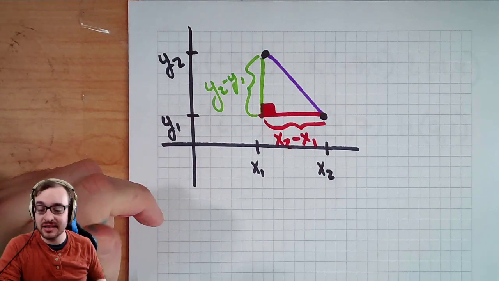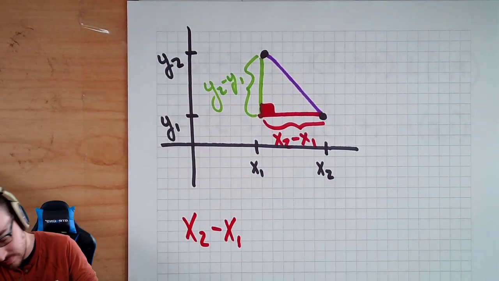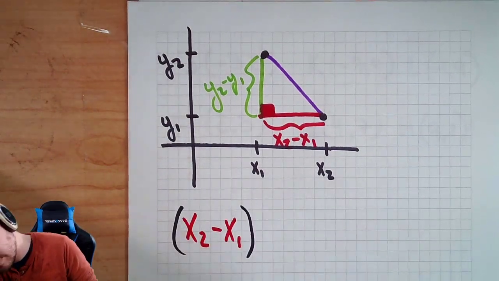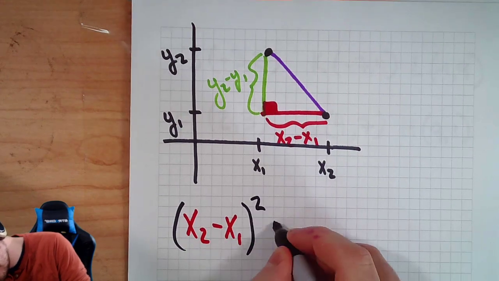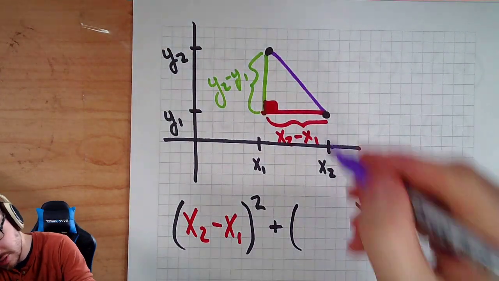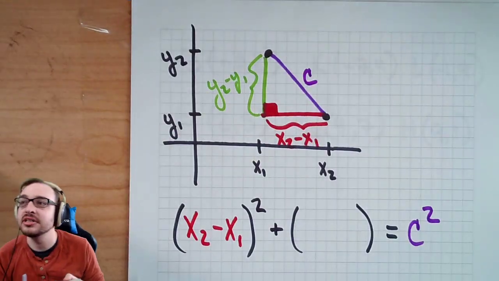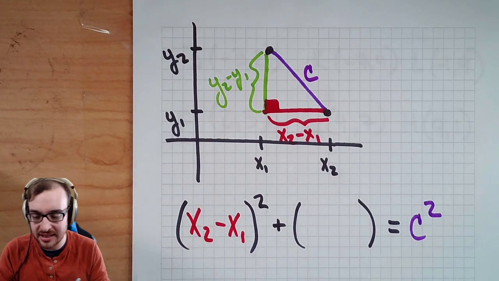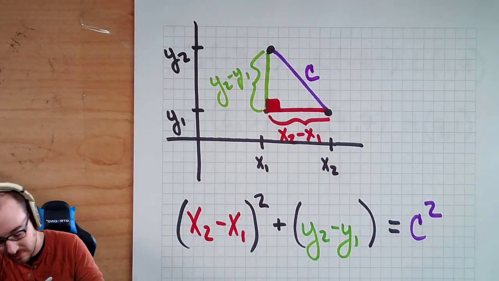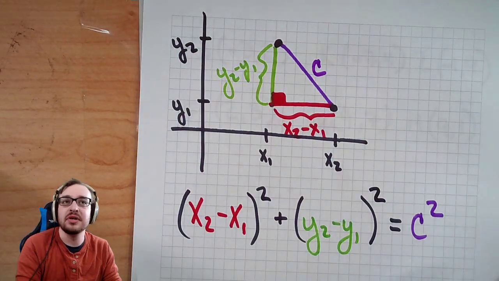So I can take the distance here, whatever that distance is, and I can do p-thag with it to figure out the purple length. Let's call that side C. There's side C, length C. And I can take the distance here, whatever that number ends up being, and do p-thag with it.